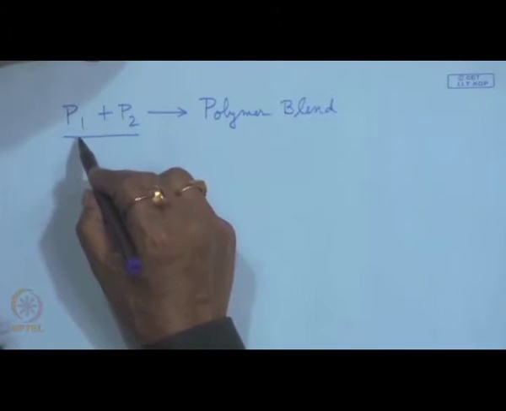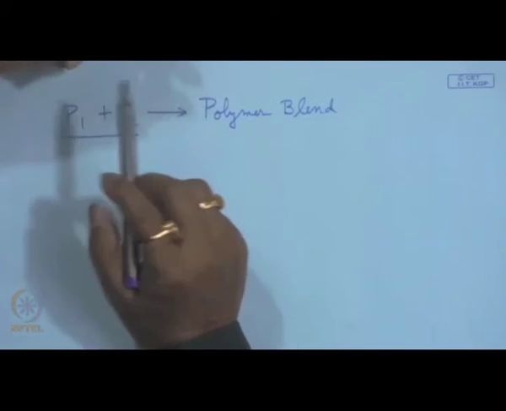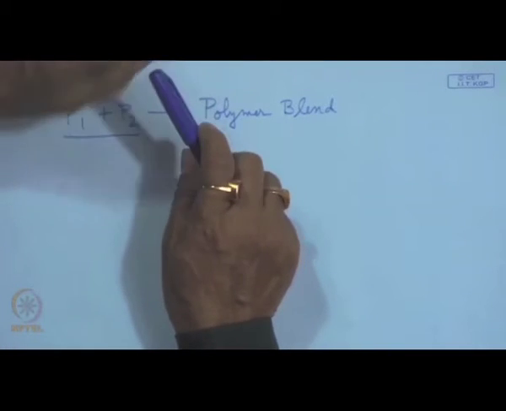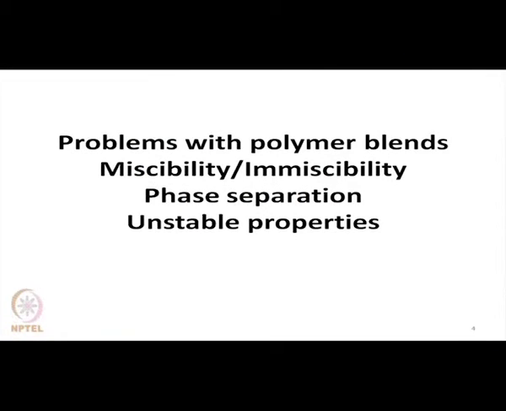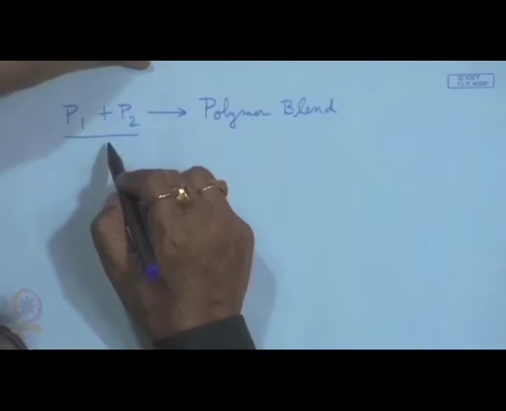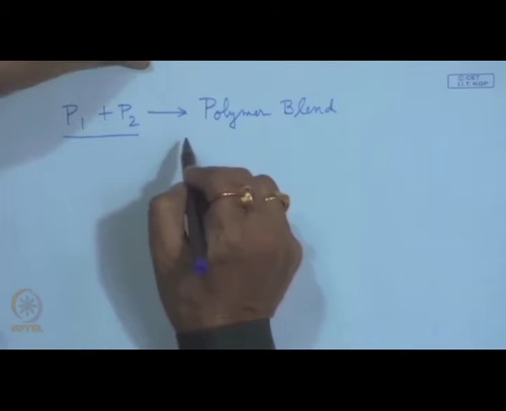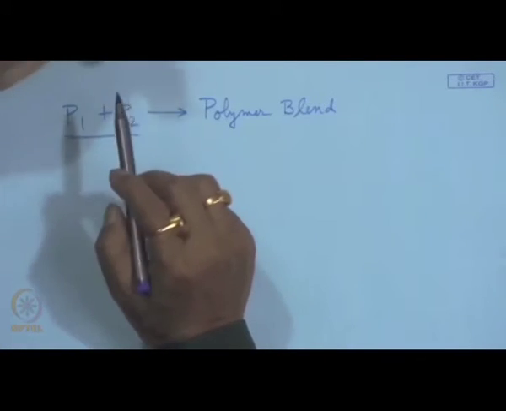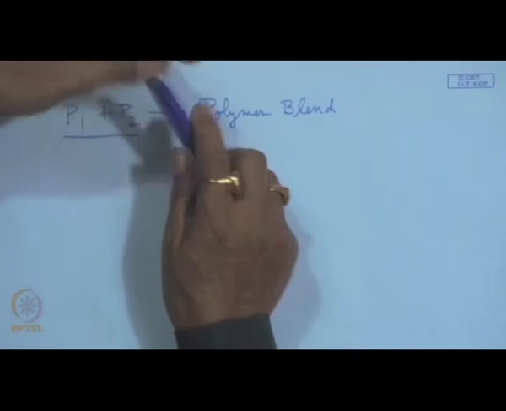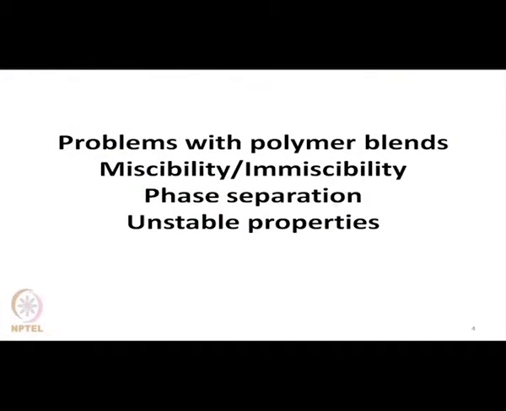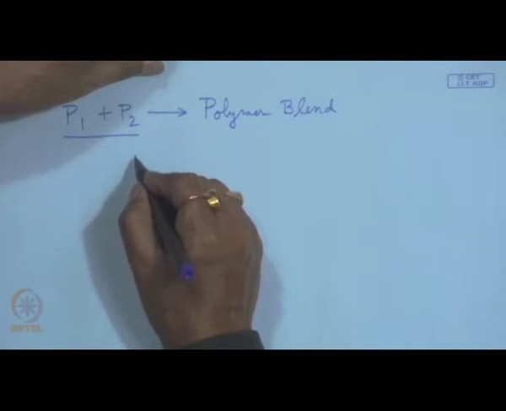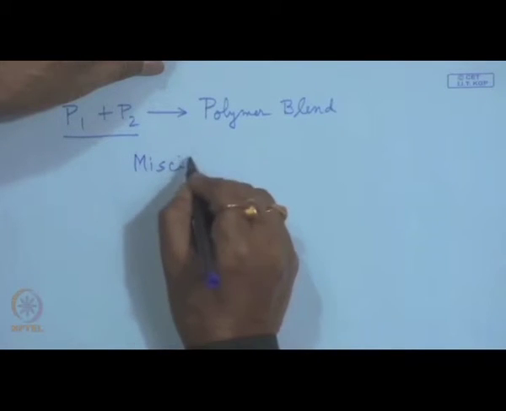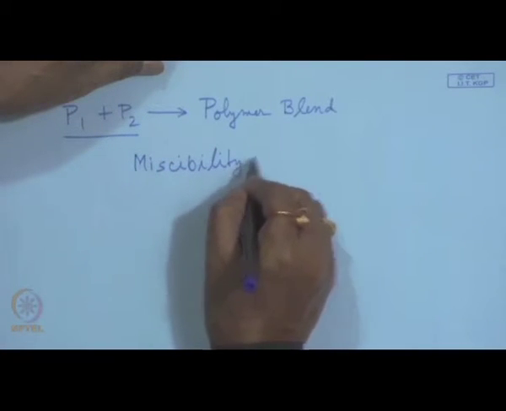What is the nature of polymer 1, what is the nature of polymer 2, how they are mixed, after mixing how they show the properties, or what about their phase, the two different phases of polymer 1 and polymer 2, all these things are to be considered. In that angle, we have to discuss the miscibility and immiscibility of the component polymers.